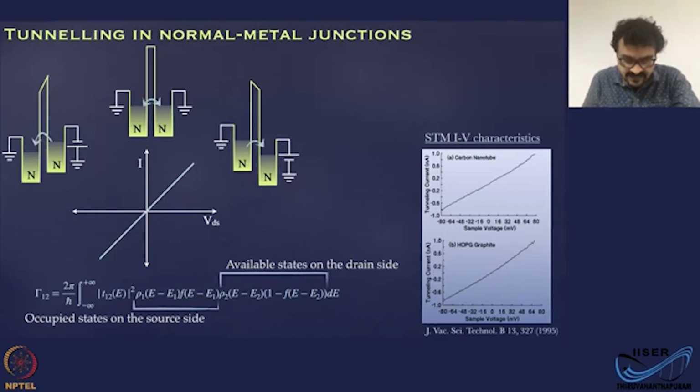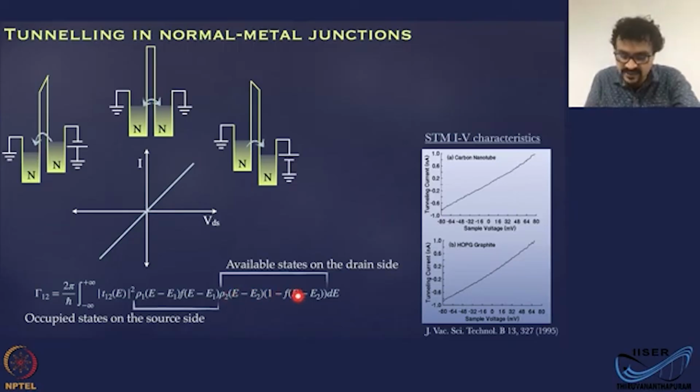So, tunneling is a function of the transmission coefficient of the barrier or the interface. The first two terms here, the ρ1 and the F1 combined, tell you how many states there are on the source side to donate electrons.